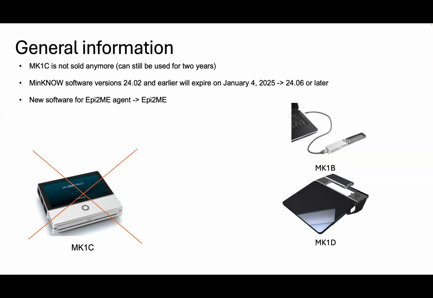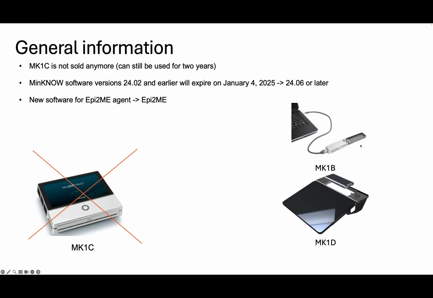So just to give you some general information about the devices which you can use for field use, there was the MK1C, which is not sold anymore. Maybe some of you still have it in the lab, so you can still use it for, I think, the next 2 years at least. But it's not sold anymore, so you should sooner or later switch to one of the other devices.